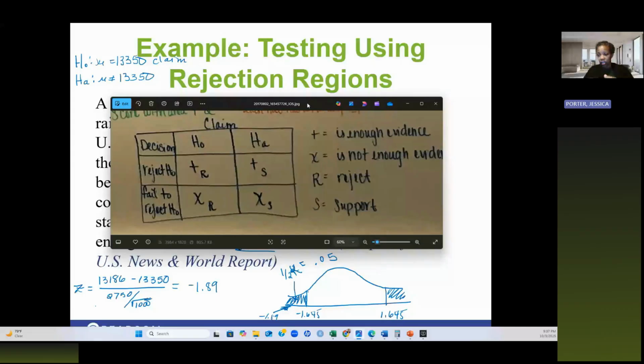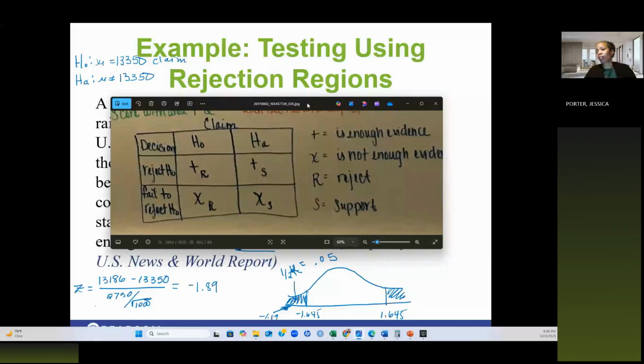Is there enough evidence to reject the claim? That is correct. So that's the way we do it with the critical value.